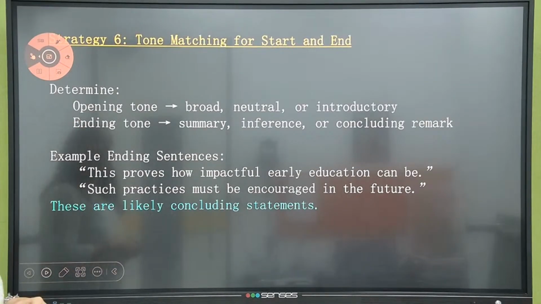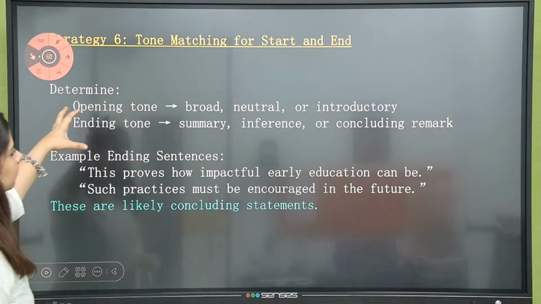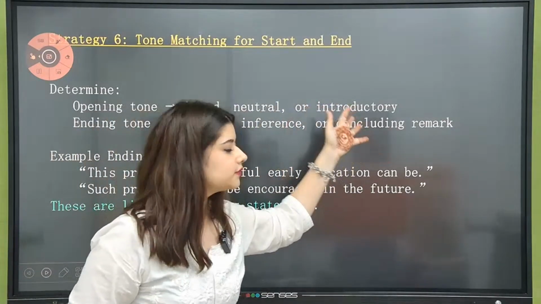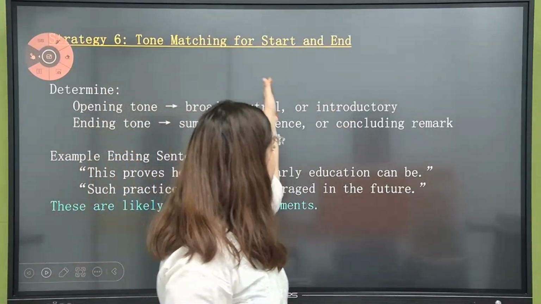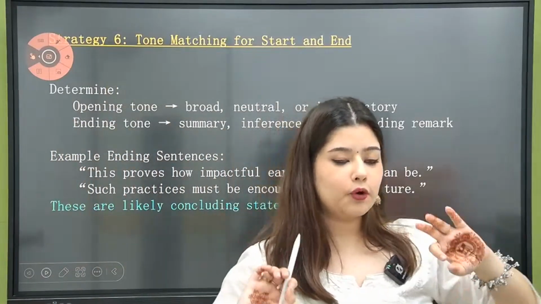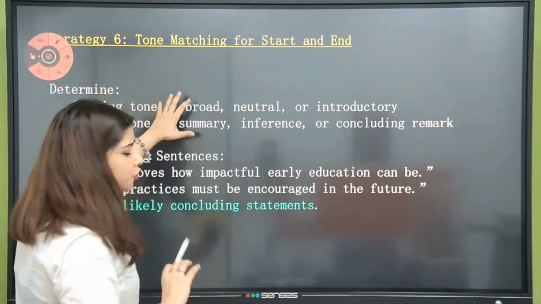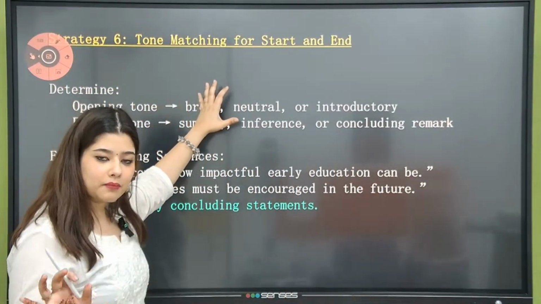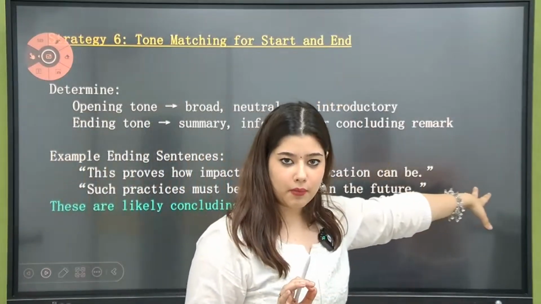Next, tone matching for start and end. Opening tone, as we've already discussed, should be broad, general, neutral, and introductory. Ending tone should be summarizing something, a summation, inference, or concluding remark.